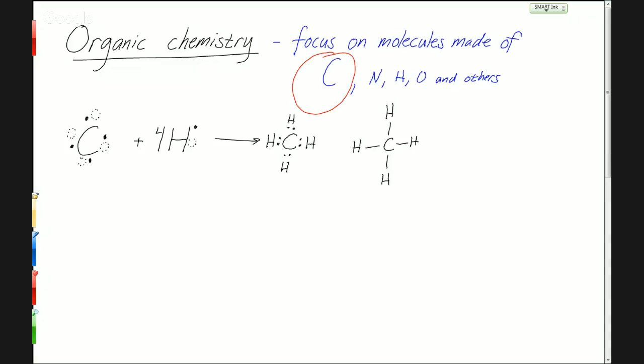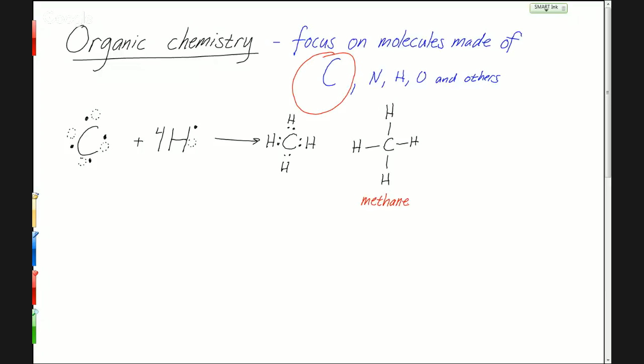But there is a little bit of a problem drawing methane in this way. And this molecule is called methane, by the way. The problem is that the real methane molecule is not flat, and the bond angles are not at 90 degrees.